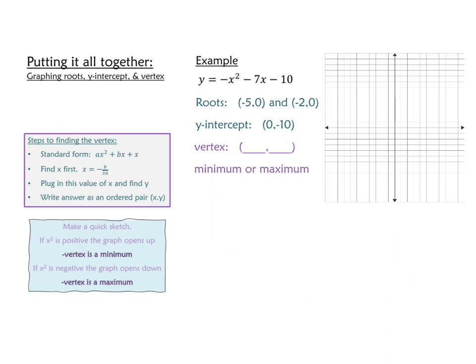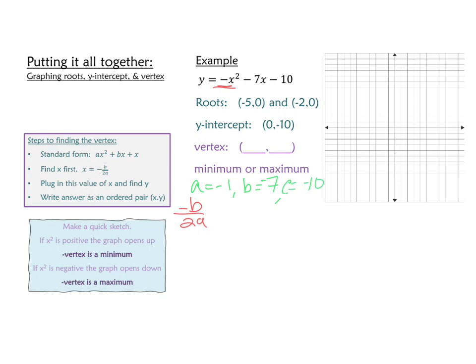Okay, here's another example that, if you'll notice, has a -x squared. Again, they're kind enough to give us the roots and the y-intercept. We have to figure out the vertex using the -b/2a formula. In this particular case, a equals -1, b equals -7, and c equals -10.